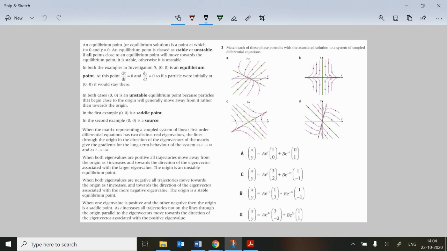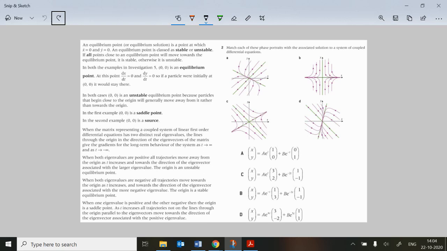So it says an equilibrium point or equilibrium solution is a point at which your movement over time in the x direction and your movement over time in the y direction, that's dx/dt and that's dy/dt, are both equal to 0.